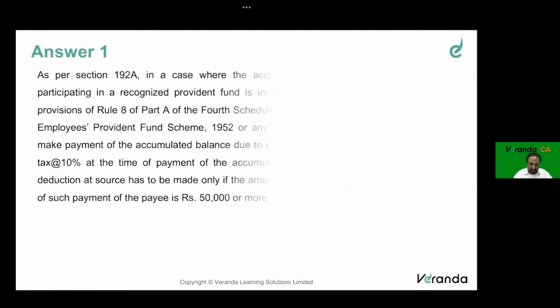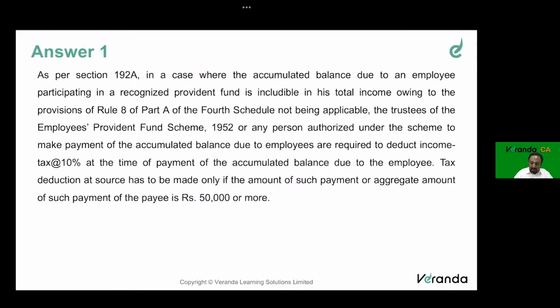So basically it says, as per section 192A, whatever is the accumulated balance due to an employee participating in a recognized provident fund. So this entire thing is about only recognized provident fund. It is not about unrecognized provident funds. Let's leave aside the categories relating to the PF Act and other things.